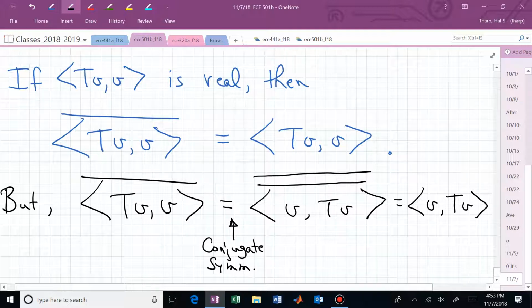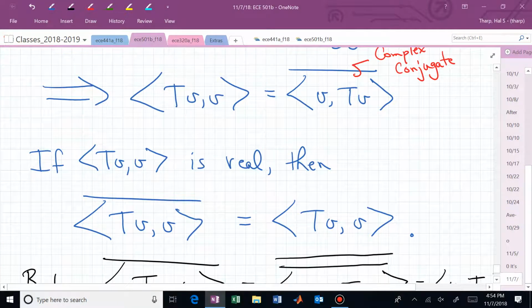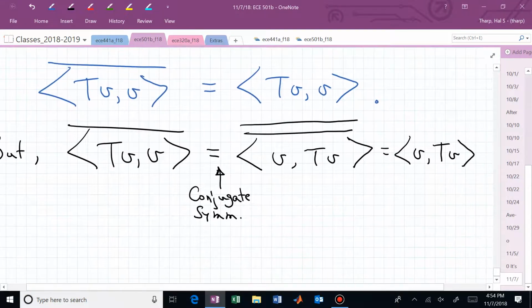Is that okay? And now what am I allowed to conclude? I can say that the inner product of TV and V is equal to the inner product of V and TV, because I have the same thing on the left-hand side of both of these, so I can equate the right-hand sides.